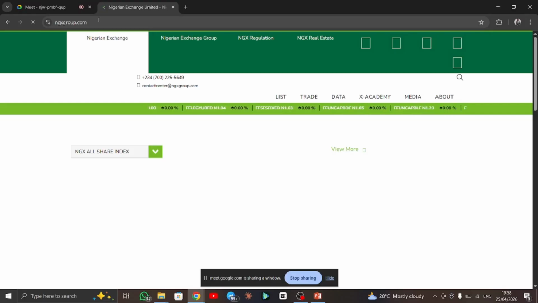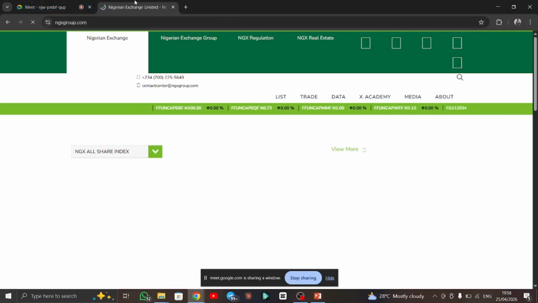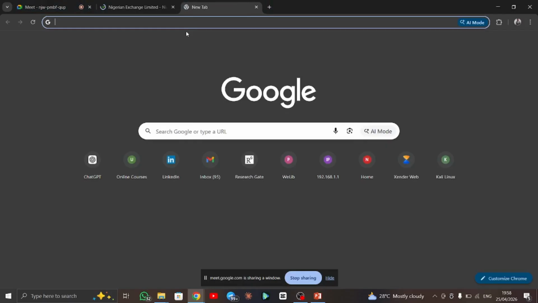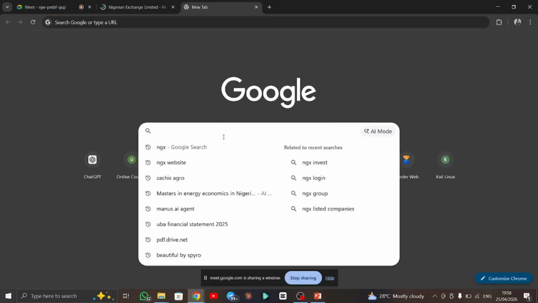You can just take it on your phone. When you get there, you see a search button. Just click, type the name of the company you are looking for, and their financial statement will appear. You now click it and see what it looks like. Or you go to the company's official website, type the name of the company, and their financial statement will also appear.